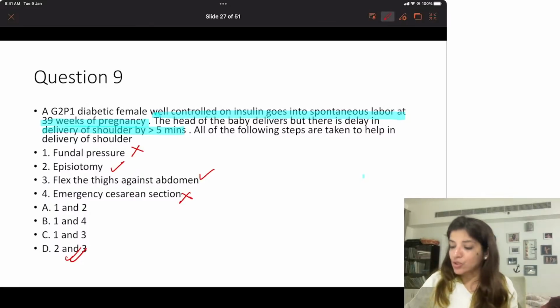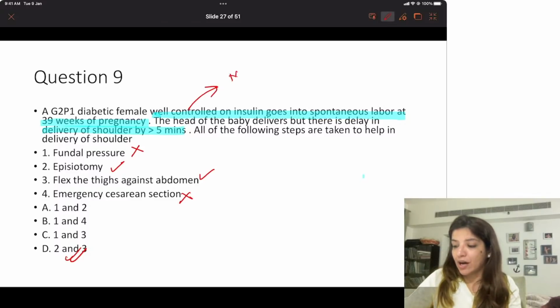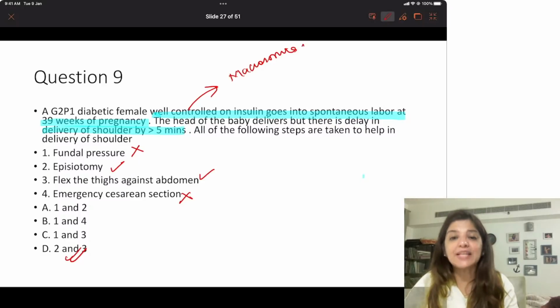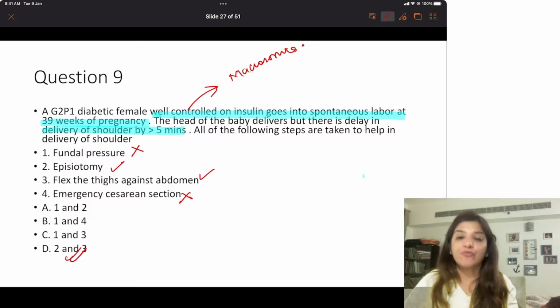Right? Now, in this question, the risk factor for shoulder dystocia was that the mother had diabetes. And in diabetic patients, the baby will have macrosomia. Right? And this macrosomia can lead to shoulder dystocia. Clear to all of you?